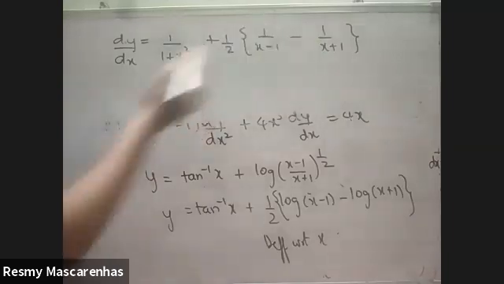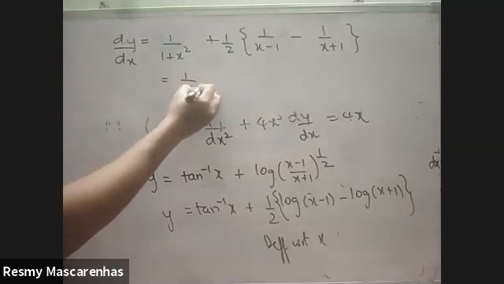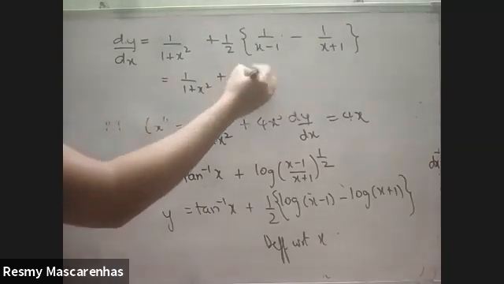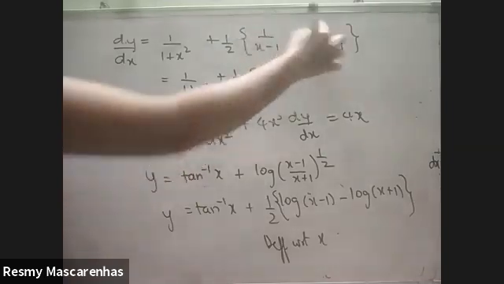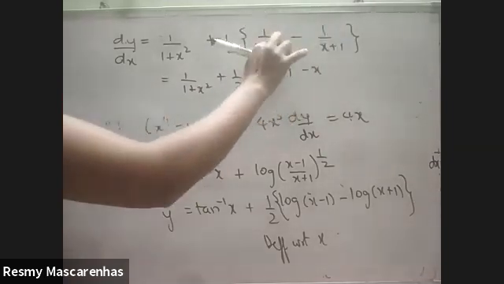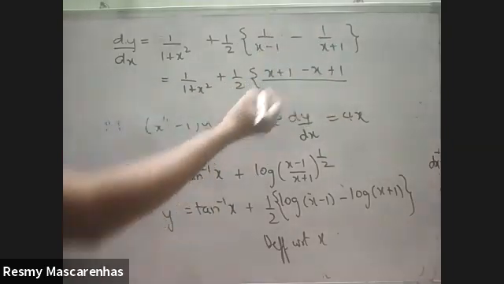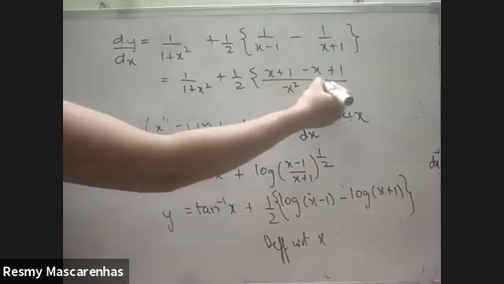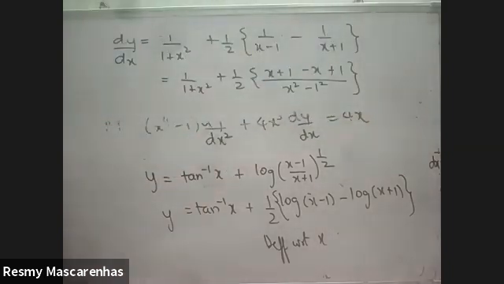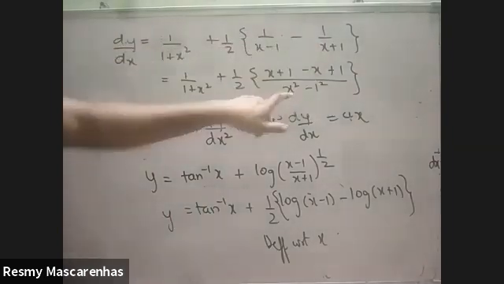And now you cross multiply. Minus x, minus of minus will become plus, and a plus b into a minus b will be a square minus b square. A minus b into a plus b.